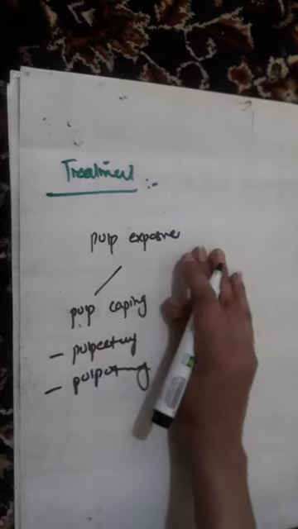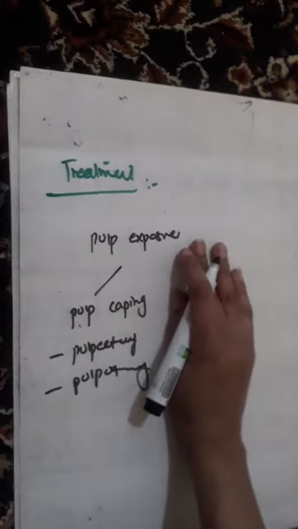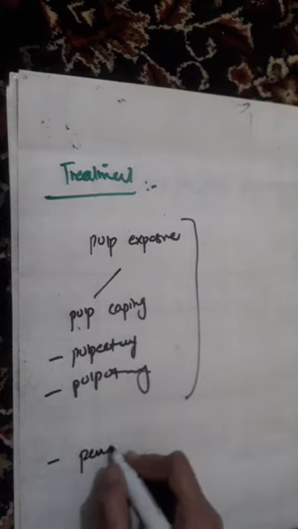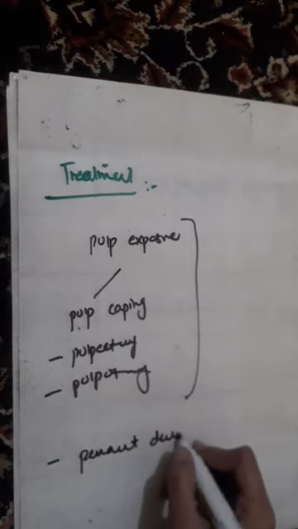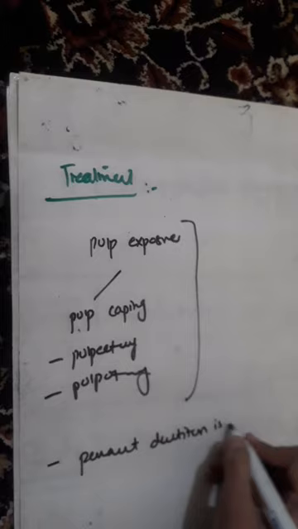So it depends upon the condition or the level of pulp exposure, and these are the specific treatments. The long-term treatment will depend on when the permanent dentition has erupted. This is all the difference.